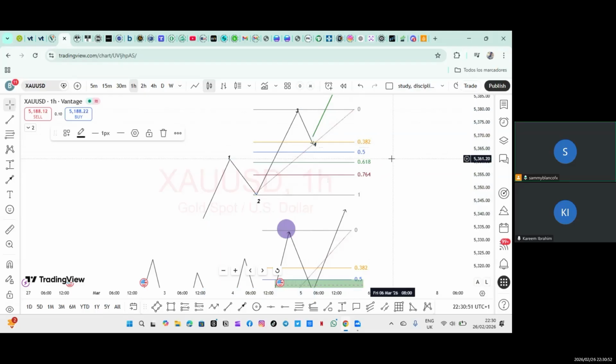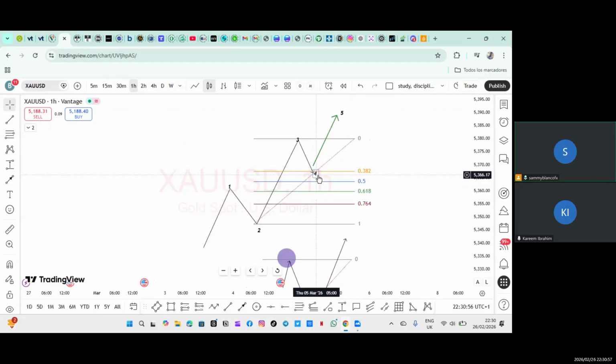Normally, this fourth wave makes a U-turn right from here. Because according to the Fibonacci and the wave principle, wave 4 will never retrace 50% of wave 3. If wave 4 wants to retrace, it normally retraces 40, 45.